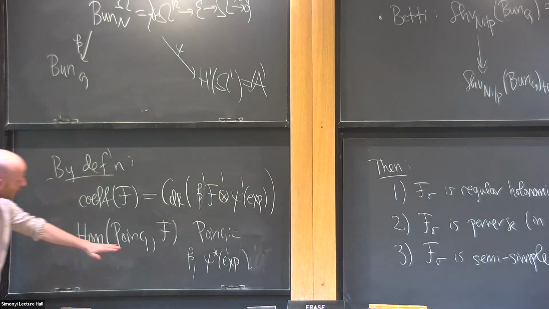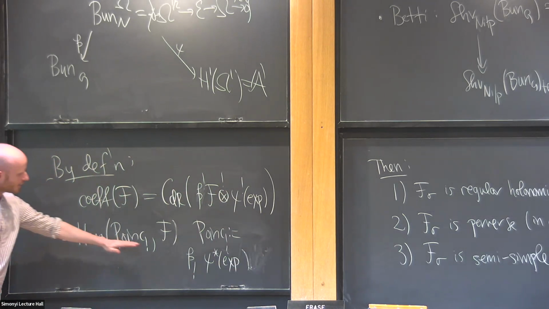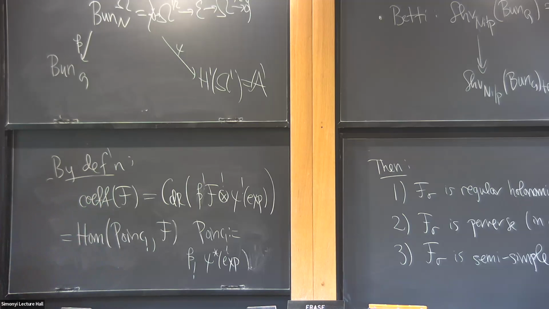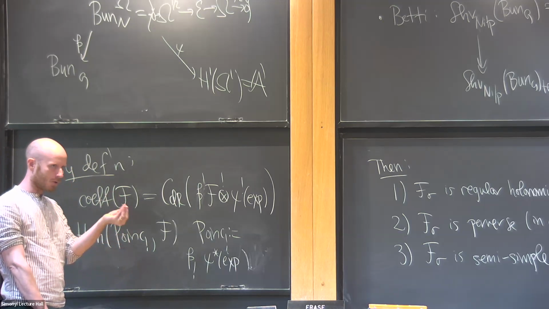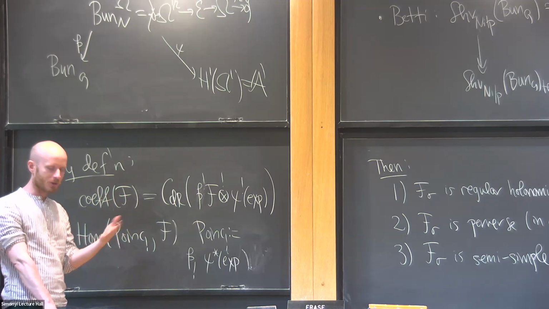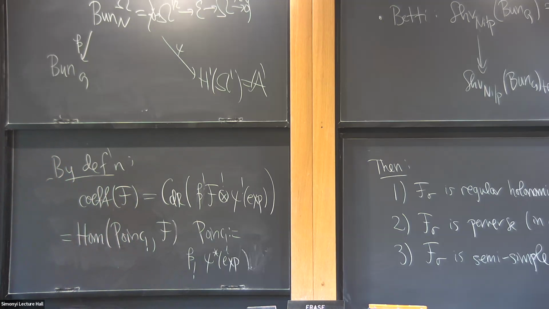So this is some kind of basic object of study in the story. It's analogous to this big projective. This coefficient functor is analogous to Serre's functor V in this sense. The key thing that you should think is that, first of all, if this is GM, then I'm taking the skyscraper sheaf at the origin inside of Bun GM, which you think of as some kind of abelian group.